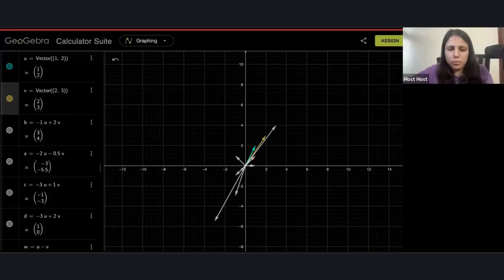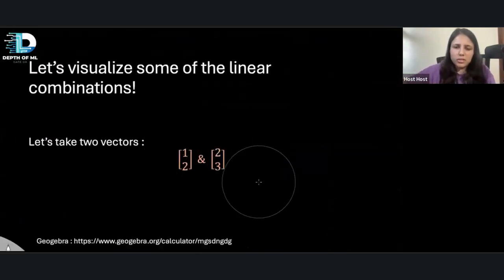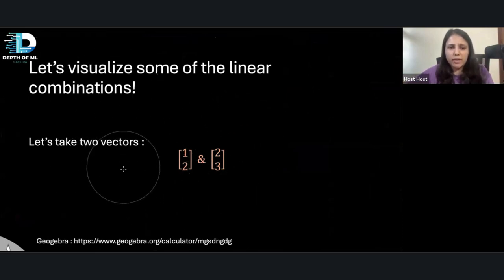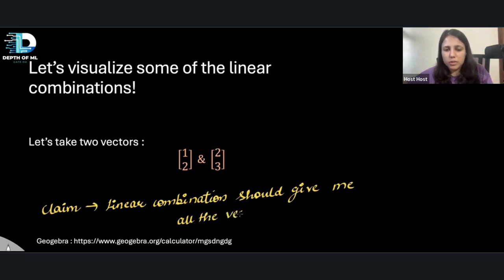We'll come to a formal proof of this, but if it's not very evident, let's look at this. We saw that when I take the linear combination of these two vectors, my claim is that all linear combinations should give me all the vectors in R2.